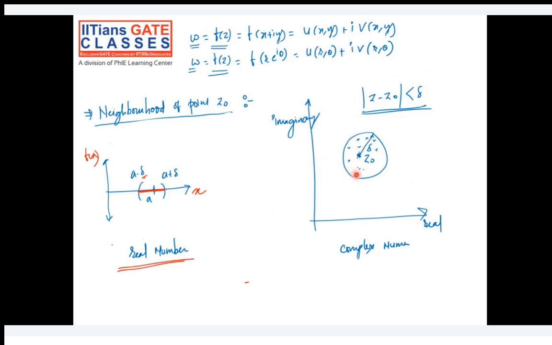So in the case of complex numbers, the neighborhood of z naught means all the points inside the circle with radius delta and z naught as the center. This is how the neighborhood in the real number looks, and this is how the neighborhood in the complex number will look. I hope it's clear till this.